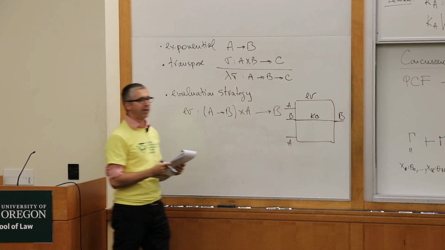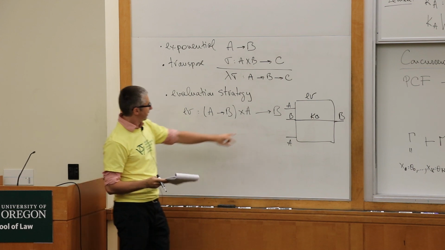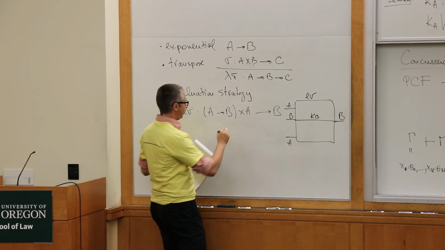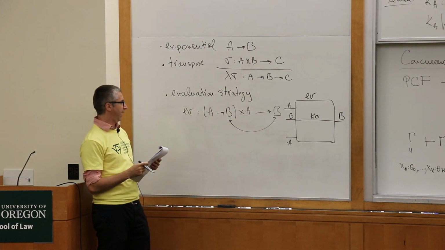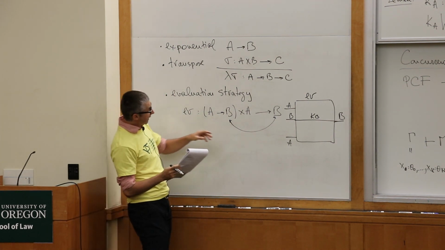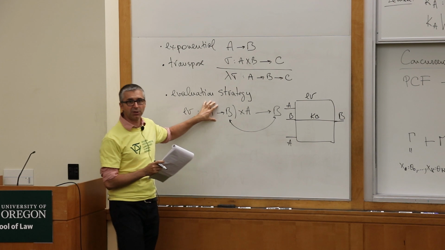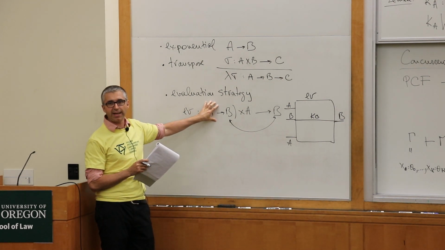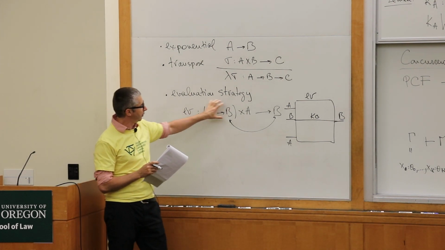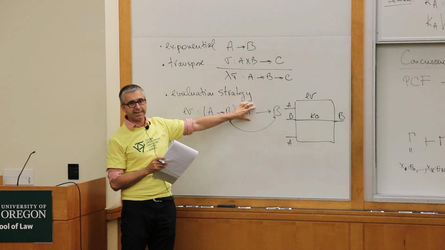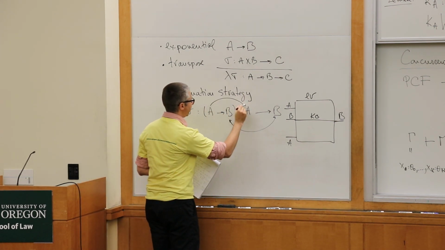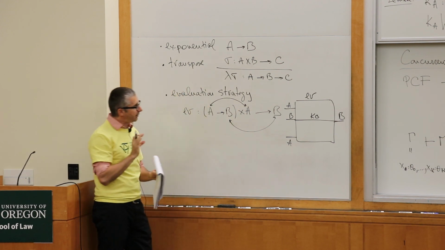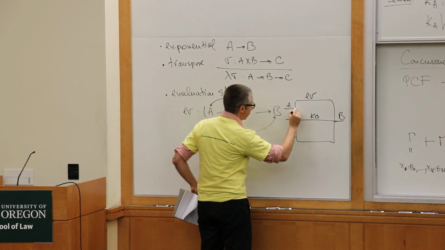a copycat strategy here. This guy and this guy are going to talk to each other, just relay information back and forth. And now, at some point, the function is going to ask you, what is my argument A? And all you're going to do, you're going to relay that information to this guy. These guys have to talk to each other. And there's no processing going on.